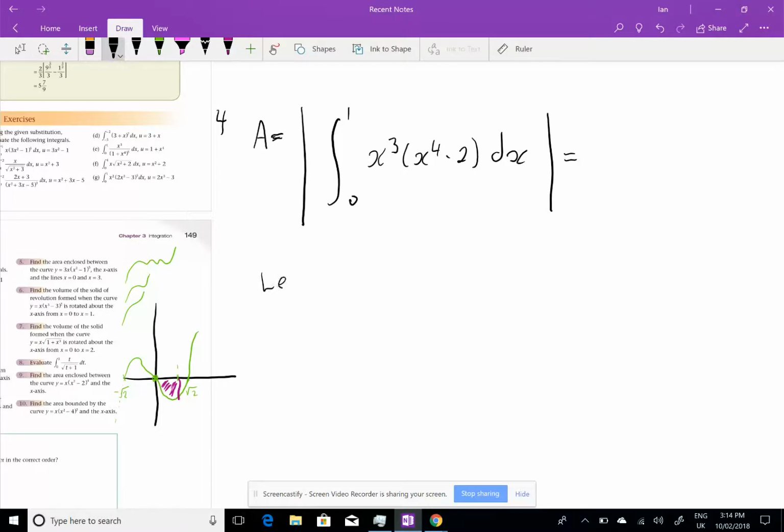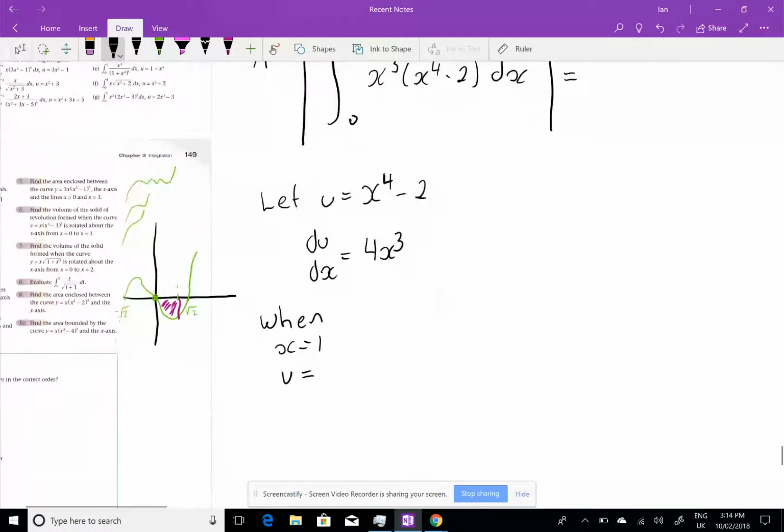So I'm going to let u equal x to the 4 minus 2. And therefore, du dx equals 4x cubed. And when I'm going to change the parameters, x equals 1, u equals 1 to the 4 minus 2, which is negative 1.